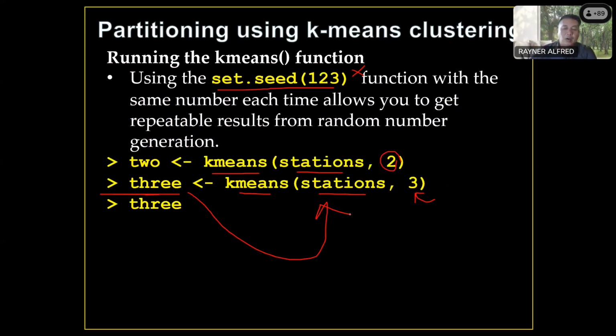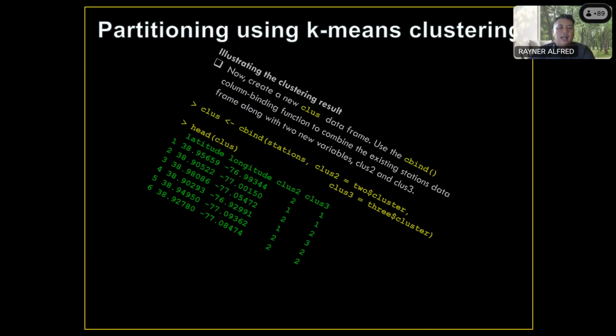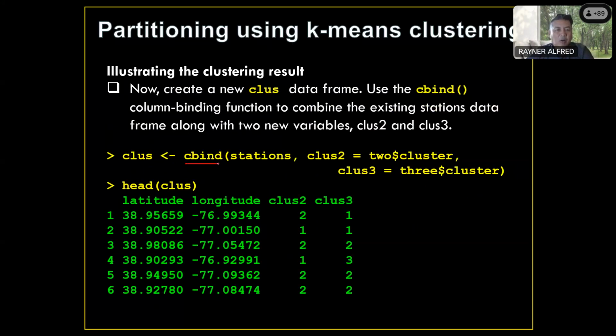So we use column binding, binding station with cluster 2 and cluster 3. This is the result that you get.